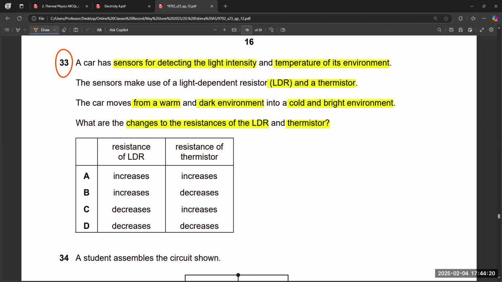Option B, okay. So in option B, resistance of LDR increases, resistance of thermistor decreases.